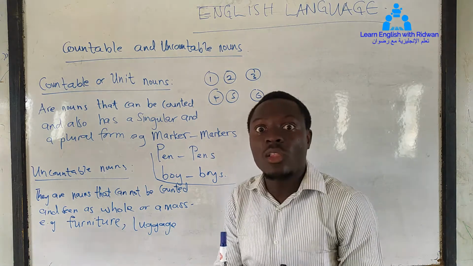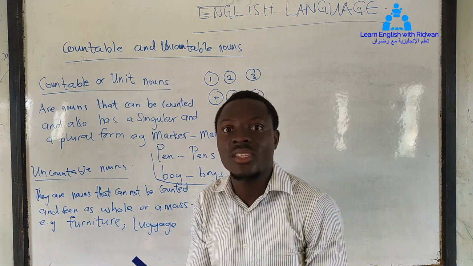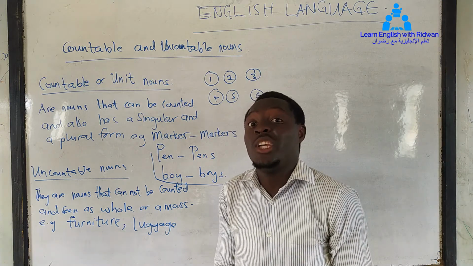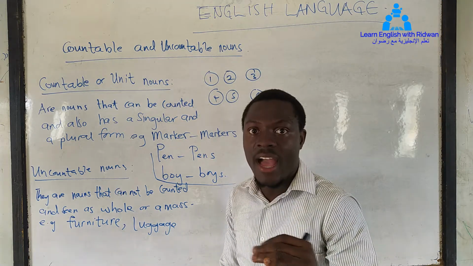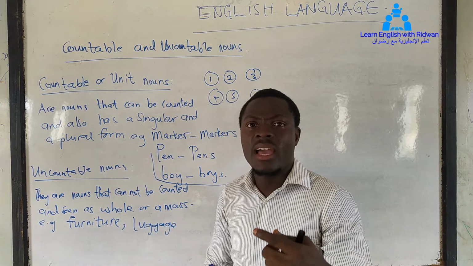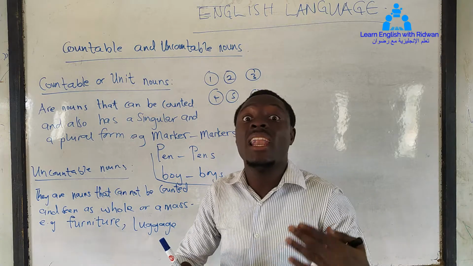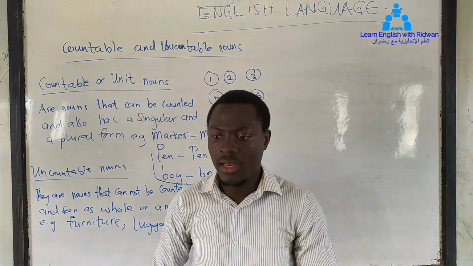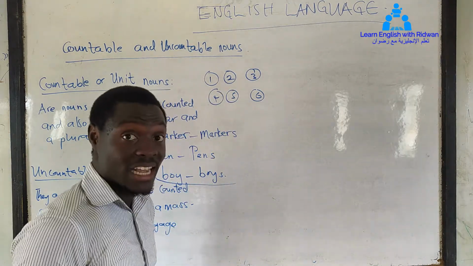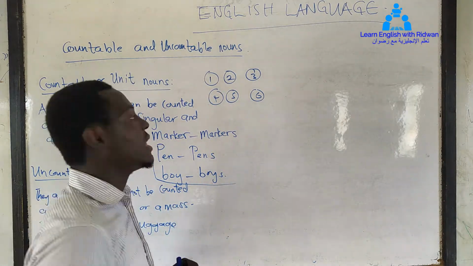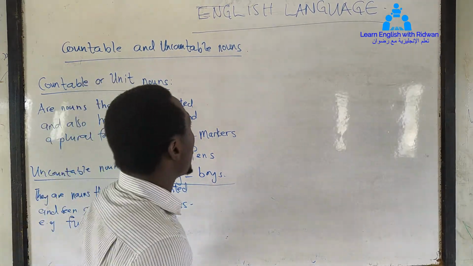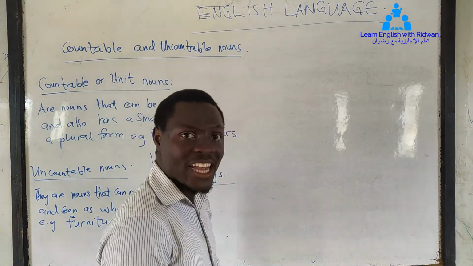Why is it an uncountable noun? Because uncountable nouns fall under several categories.